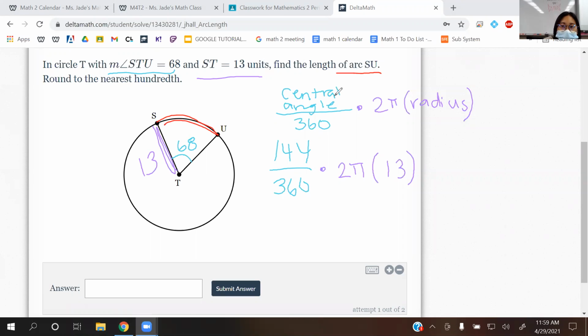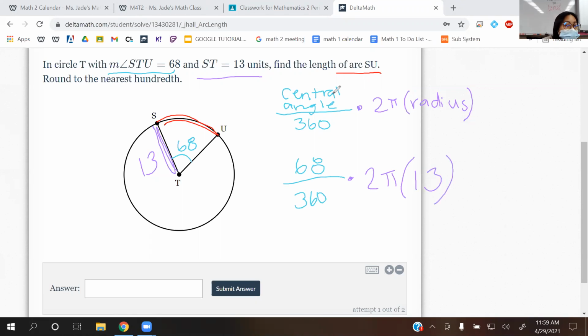So all we have to do is plug it into our formula. Oops, this is the formula from the previous one, so let me erase that. Central angle is 68 this time, over 360, multiplied by the circumference, which is 2 pi times the radius, which is 13. Same formula for all these problems.